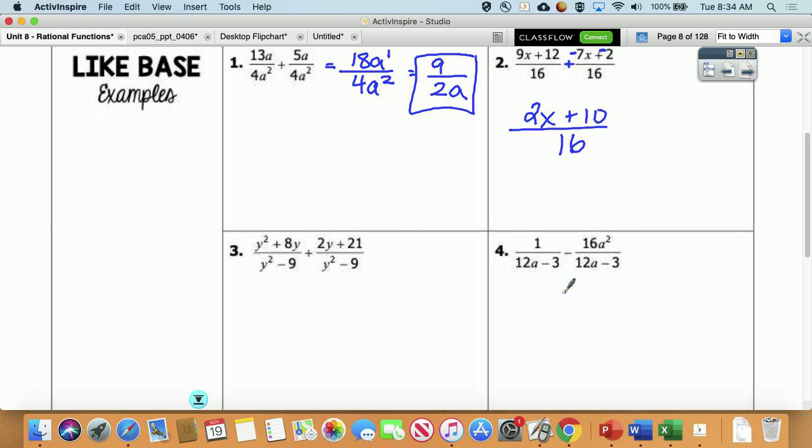2 ways you could do this. You could just say, okay, 2, 10, and 16 can all be divided by 2. Or you could factor out the GCF of 2. When we get an answer, we simplify. So I'll factor out a GCF of 2.